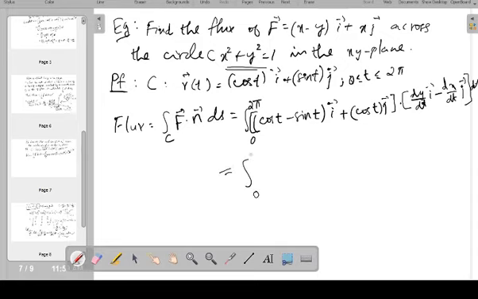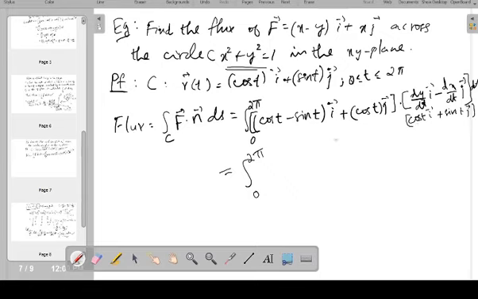This is equal to the integral from 0 to 2 pi. So what is dy by dt? y of t is sin t, x of t is cos t. So dy by dt is cos t vector i. Now what is dx by dt? x is cos t, so dx by dt is minus sin t, so minus dx by dt is plus sin t vector j.